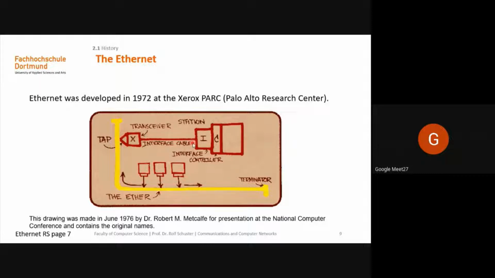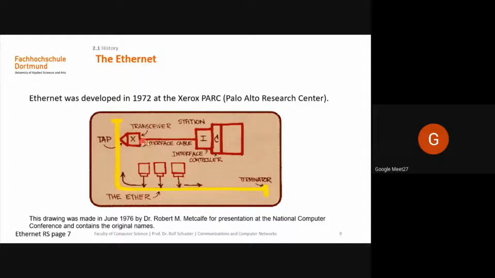I don't remember now exactly the name, but it is called AUI. And this cable permits the connection of the interface that is plugged into the station with the transceiver.